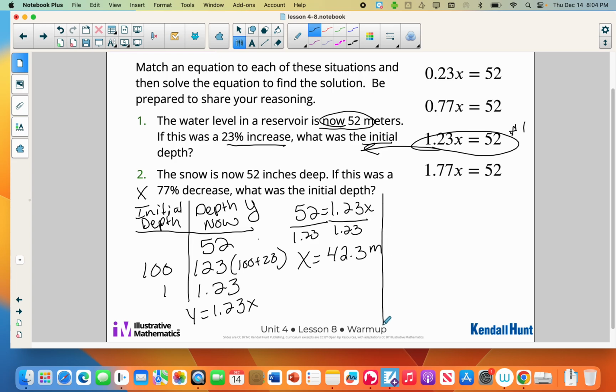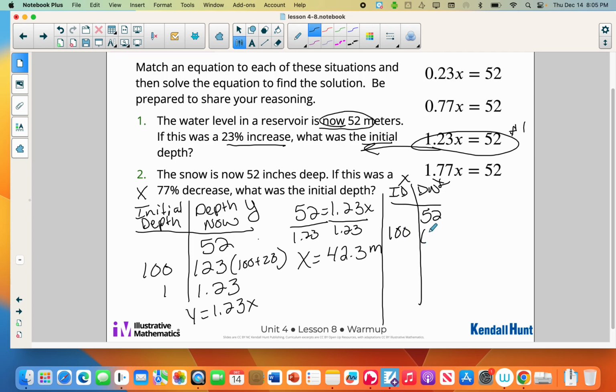The snow is now 52 inches deep. If this was a 77% decrease, what was the initial depth? So again, we have our initial depth and we have the depth now. So I'm going to let initial be x and the depth now be y. 52 is the now.